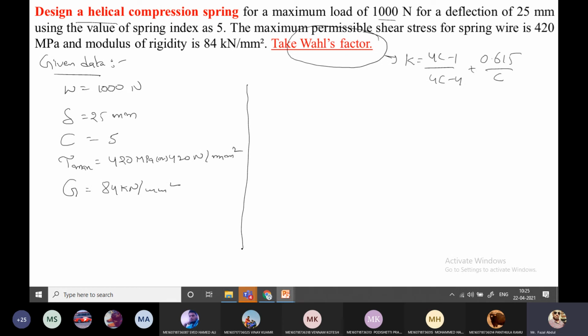So designing the helical spring, first, the mean diameter of the spring coil we are calculating, D. To calculate the diameter, we have one relation: maximum shear stress equals K into 8WD by pi d cube. This is the equation we have.